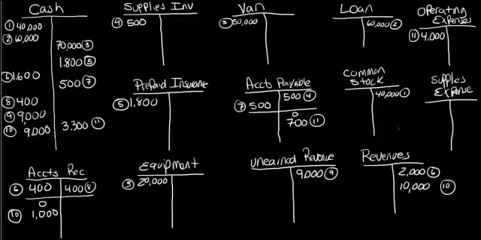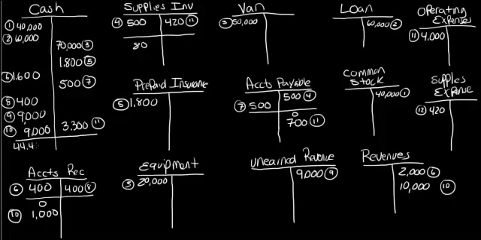And the last piece is that I counted my supplies inventory, if you remember, and I had $80 left. So to get that to balance, I must have credited supplies inventory for $420, and I'm going to debit supplies expense for $420.